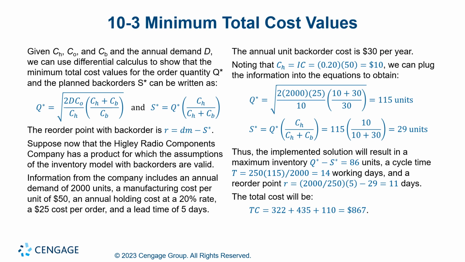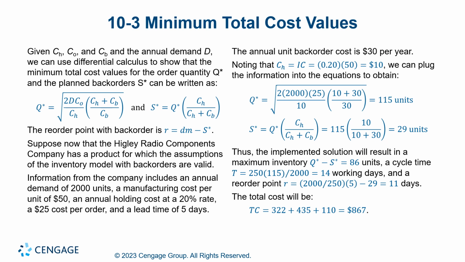29. So if this solution is implemented, the system will operate with the following properties. Number one, the maximum inventory is Q minus S, which is 115 minus 29 equal to 86 units. The cycle time is given by T, which is Q divided by D times 250.